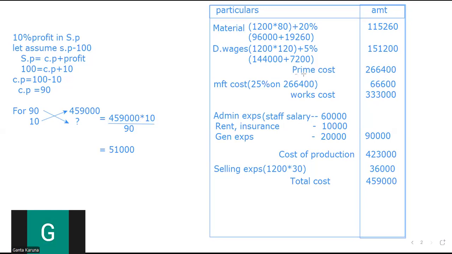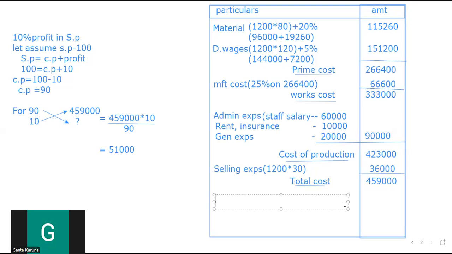So let me draw here also. This is prime cost and this is total. This is works cost and this is total. And this is administration expenses and this is cost of production. And this is total cost. And just now what we got? We got our profit. So just now we got a profit, the same profit.